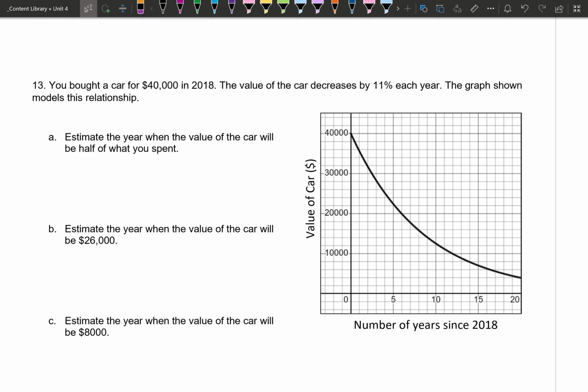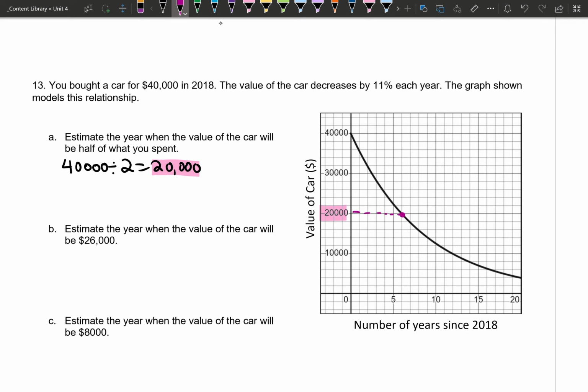Number 13. You bought a car for $40,000 in 2018. The value of the car decreases by 11% each year. The graph shown models this relationship. First, estimate the value of the car when it's half of what we spent. Well, how do we find half? We find half by dividing by 2. 40,000 divided by 2 is 20,000.